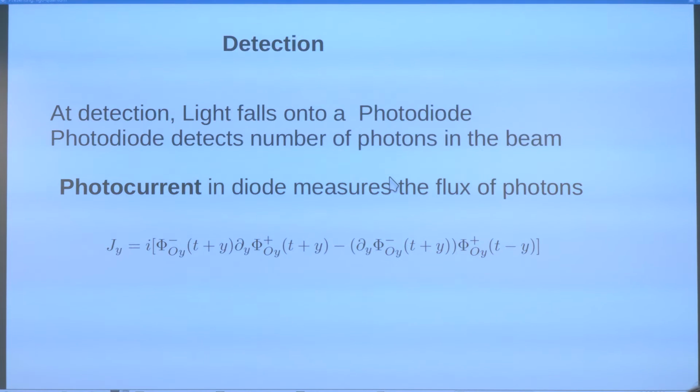After the light goes through, comes out the dark port, it falls onto a photodiode in order to measure the amplitude or the number of photons coming out there.